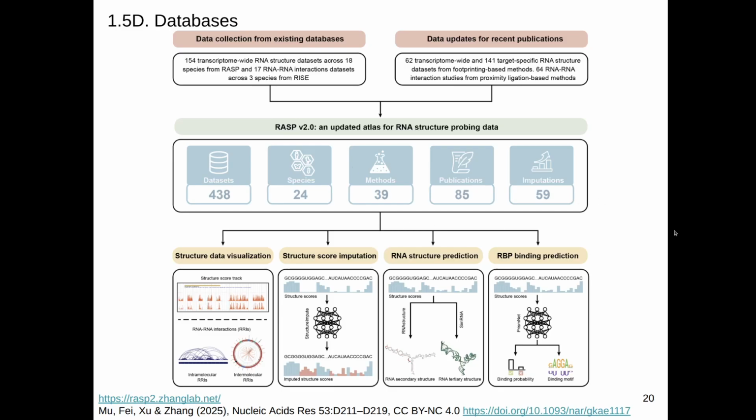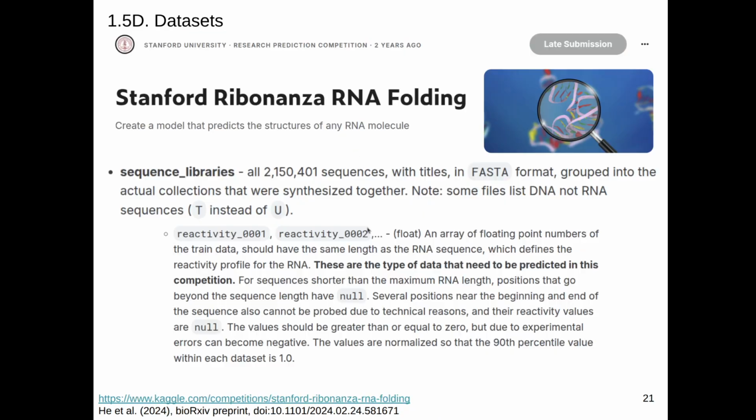Another example is RASP20, which mostly stores data of public transcriptome-wide experiments. So also not a lot, but when you multiply it by how many sequences we have in a single transcriptome-wide experiment, it also will be, I believe, millions.